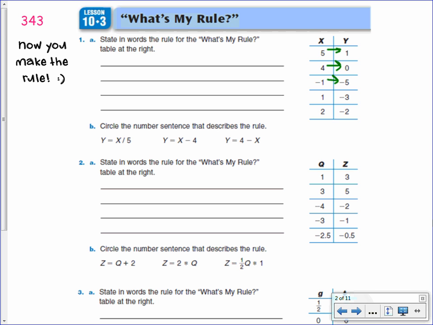Subtracting 4. So, in our words, we're subtracting 4 from what? What are they taking 4 away from every single time? The X. Bingo.